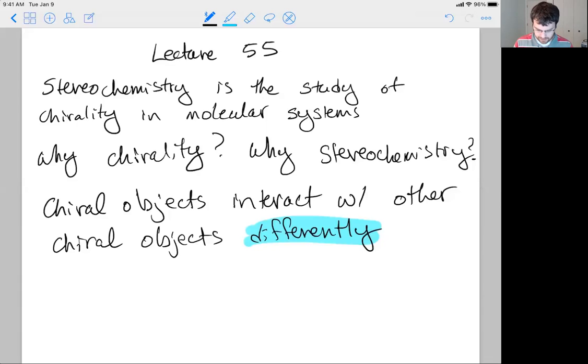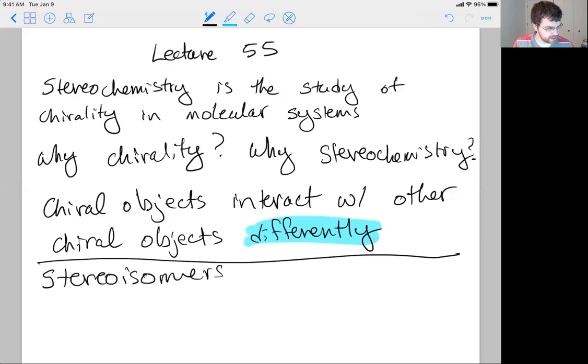What I want to talk about is the idea of stereoisomers. So I'm using that suffix isomer again. And what that means is that we're going to have to consider molecules with the same composition. Molecules, plural. It's not just one, it's multiple if we're talking about some form of isomerism.